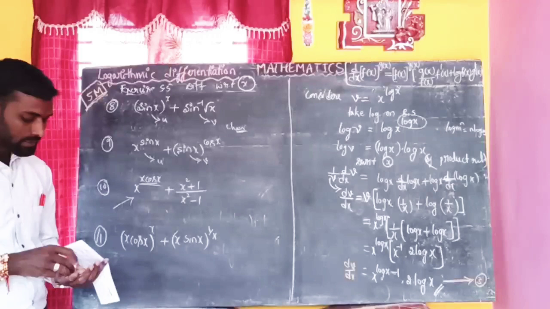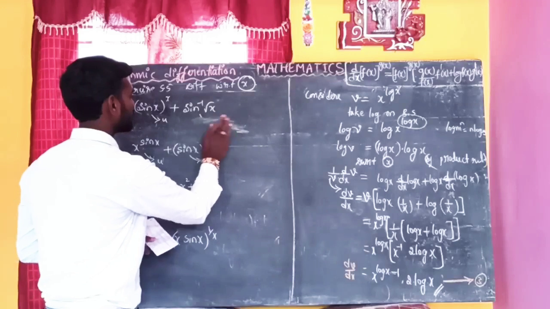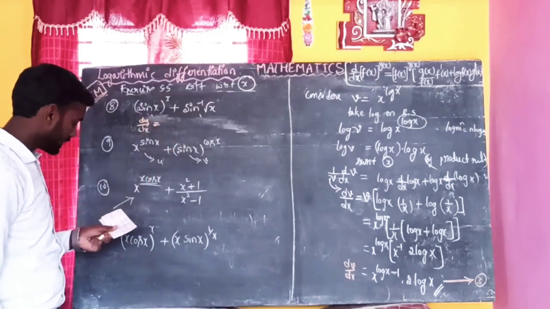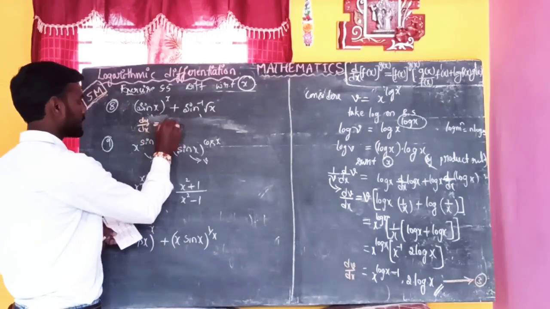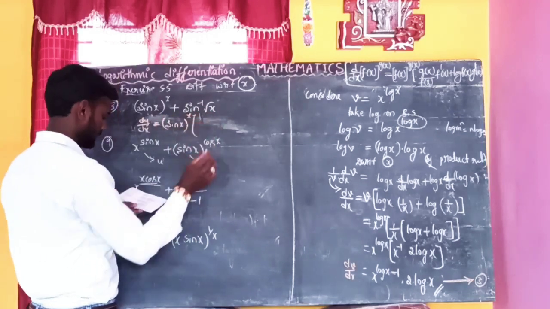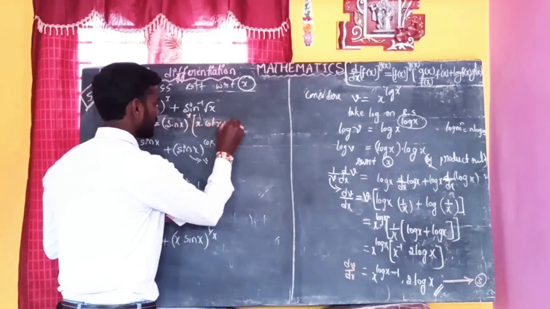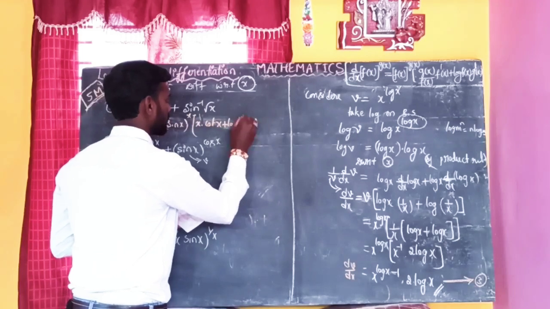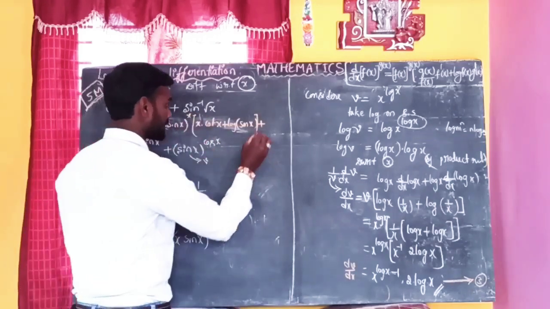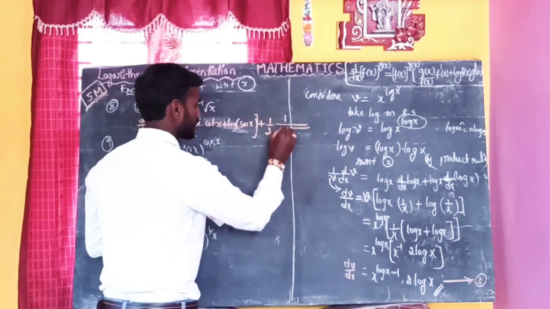Just try this. Here solution for this one, that is 8th question, is dy by dx is equal to sin x whole to the power of x into x cot x plus log of sin x, plus derivative of this one is plus 1 by 2 into 1 by root of x minus x square.